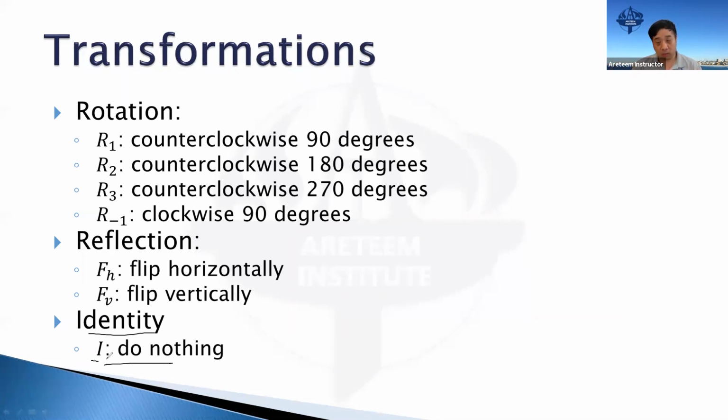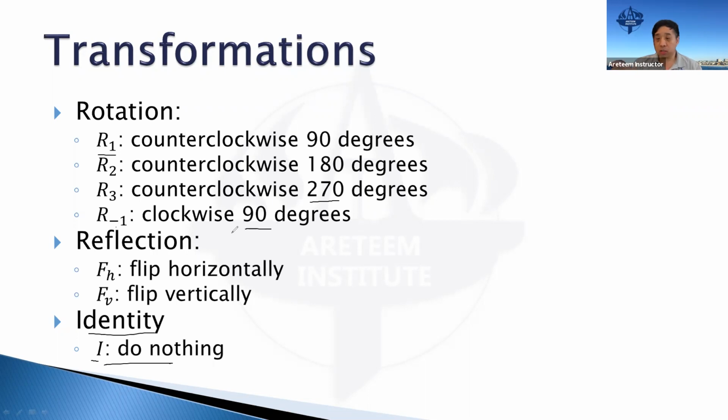If we do the rotation, I can do R1, which is counterclockwise by 90 degrees. R2 is counterclockwise 180 degrees. R3 is 270 degrees. And R-1 is 90 degrees clockwise.